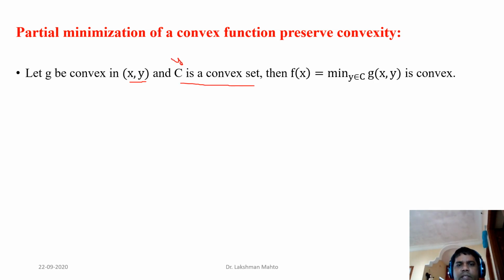Suppose C, where the variable y is coming from, is a convex set, that means all y are in C. We will try to minimize the function g with respect to y. It is a convex optimization function, that means we are minimizing a convex function. So we do partial minimization over a convex set. The resultant function f of x, because y has been exhausted, is now just a function of x. This function is always a convex function.